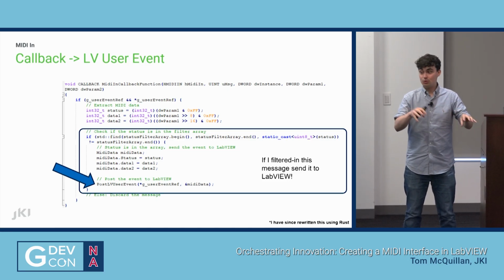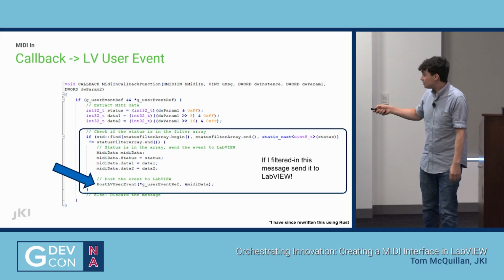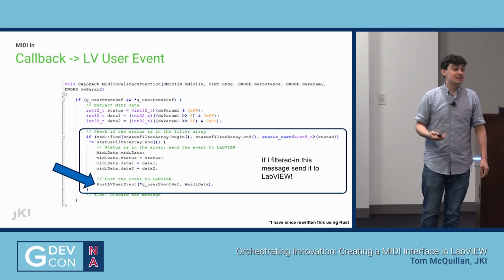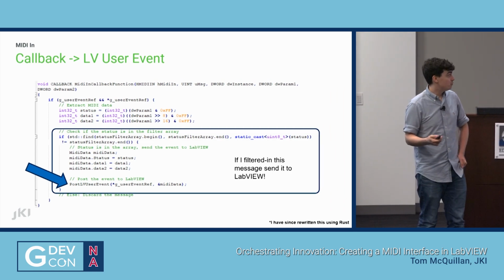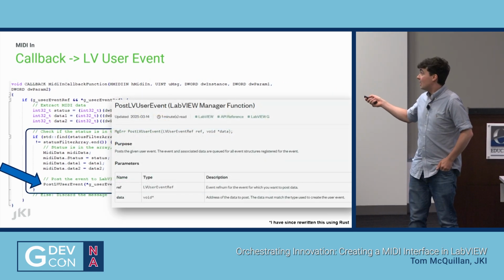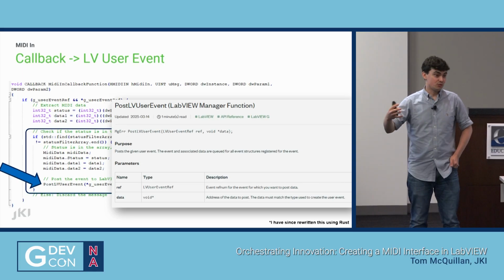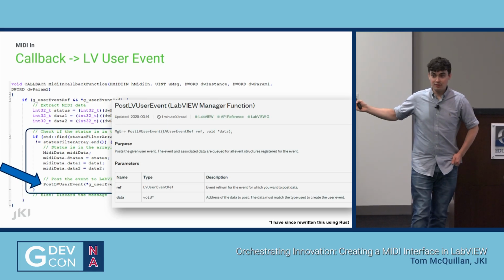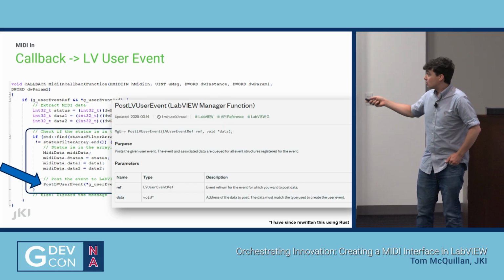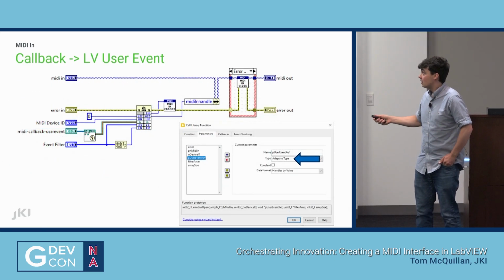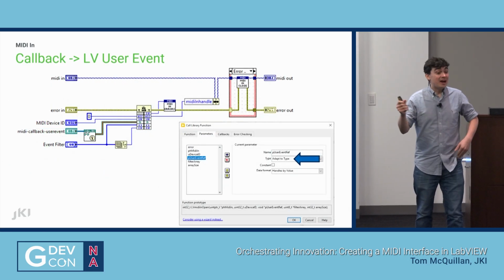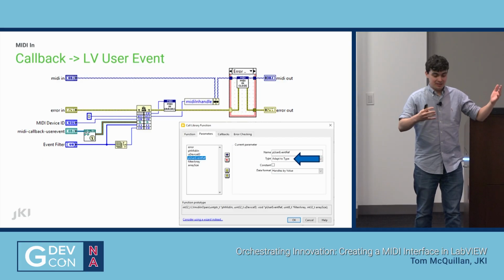Is it a note on or note off? And if so, I use the post LabVIEW user event function. This is in your standard LabVIEW C library, and there's documentation online on all these fun functions. So I call this function and it sends LabVIEW a user event.